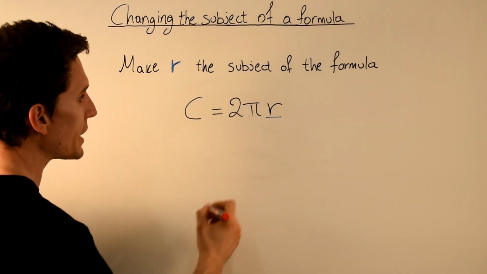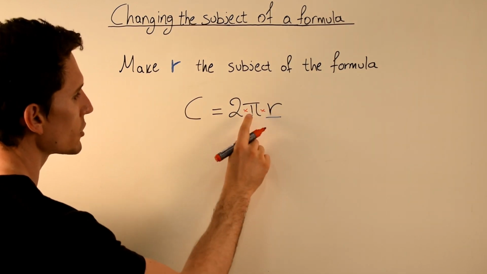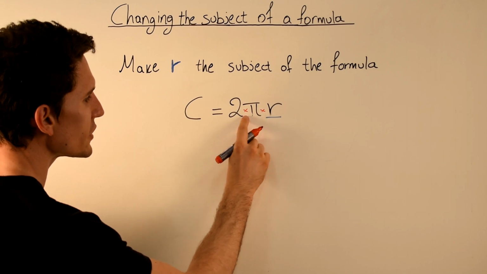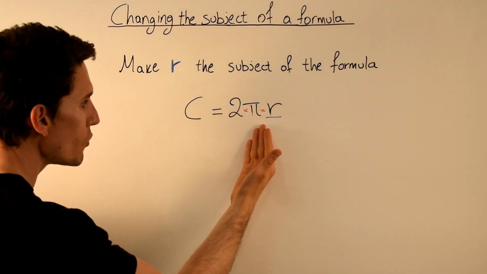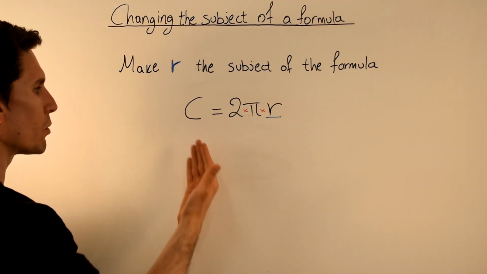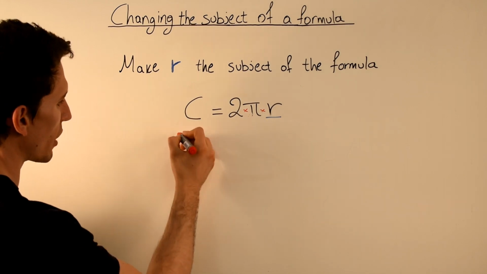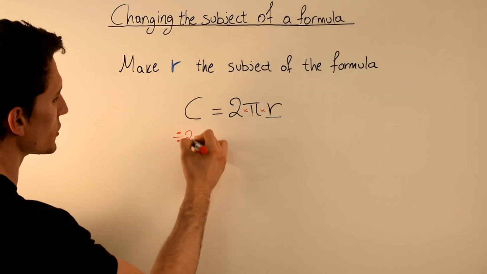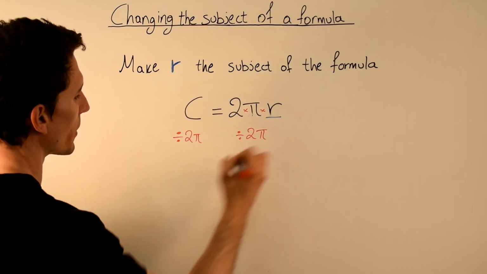What 2 pi R means is 2 times pi times R. So we have the invisible times sign right there. Now, in order to move 2 pi to the other side, we will have to do the opposite of times, which is divide. Therefore, we will have to divide both sides by 2 pi. Let's make sure we write it down below both sides of the formula.